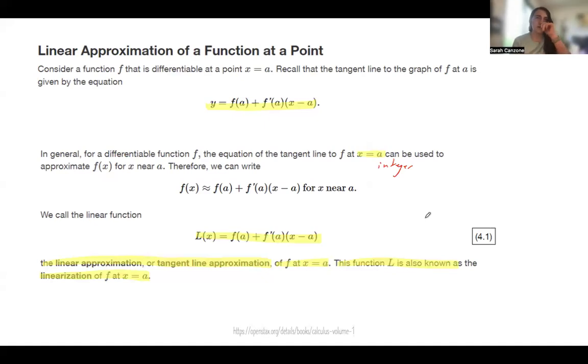Typically we'll try to approximate non-integers. For example, the first one is the square root of 9.1. And we know the square root of 9 is 3, so it's probably going to be really close to 3, but the square root of 9.1 is probably hard to do by hand. So we're going to use linear approximation. Our a value is going to be the integer, and the x value that we use right here is going to be the actual 9.1, or whatever it is that we're trying to plug in.